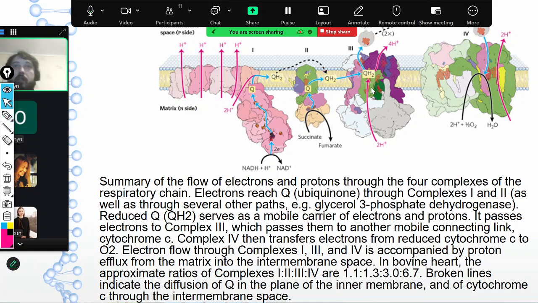It just takes them and diffuses and then performs the reaction. When electrons are passed from one center to another, it loses some energy, and this energy is used to pump some protons. So you see 4 protons are pumped from the internal space into the intermembrane space.